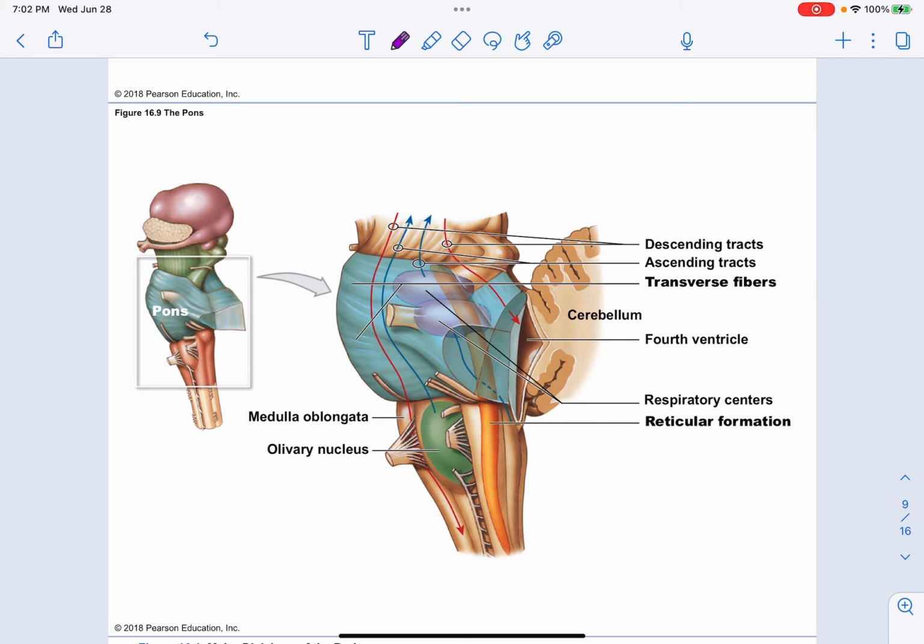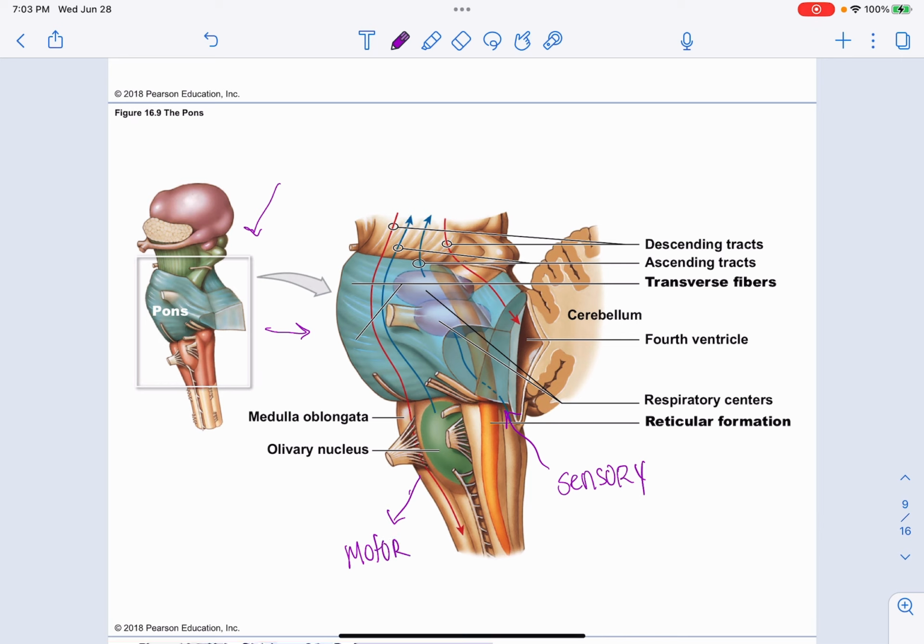So again, the pons is highlighted here on the left, and then we get a blown up image of the pons on the right. So there's still a lot of white matter tracks here. So the blue lines are showing you the ascending tracks, the sensory information. So sensory is in blue. And then the red line is showing you the motor tracks.